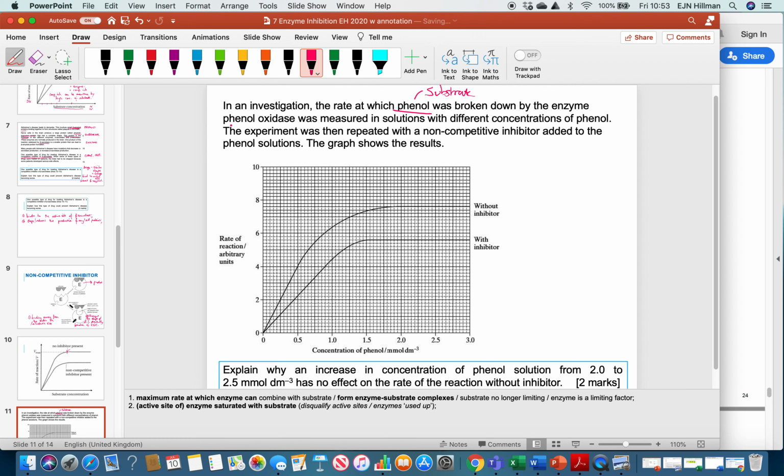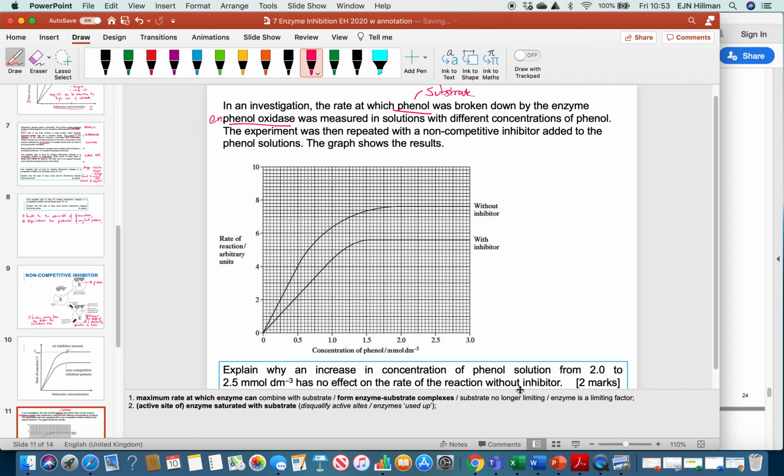By the enzyme phenyl oxidase was measured in solutions with different concentrations of phenol. The experiment was repeated with a non-competitive inhibitor added to those phenol solutions. The graph shows the results.